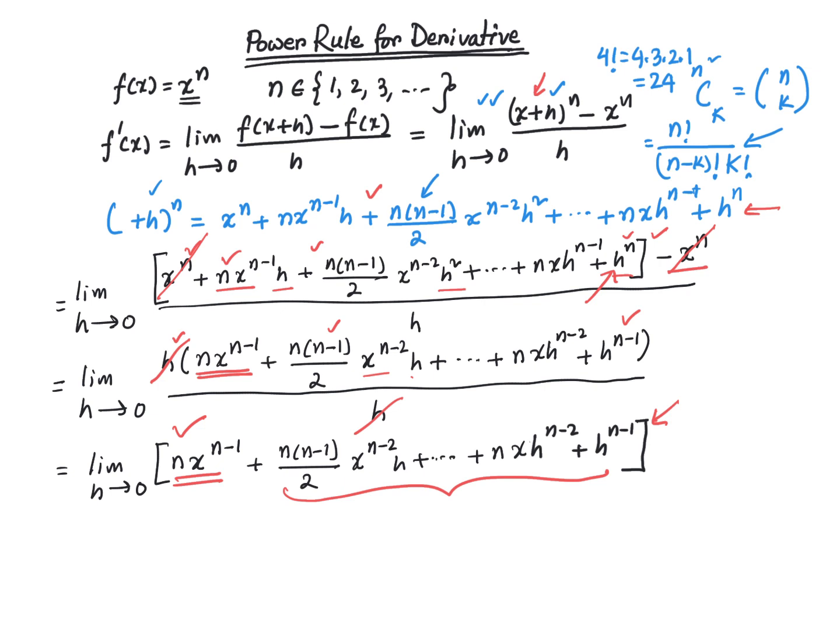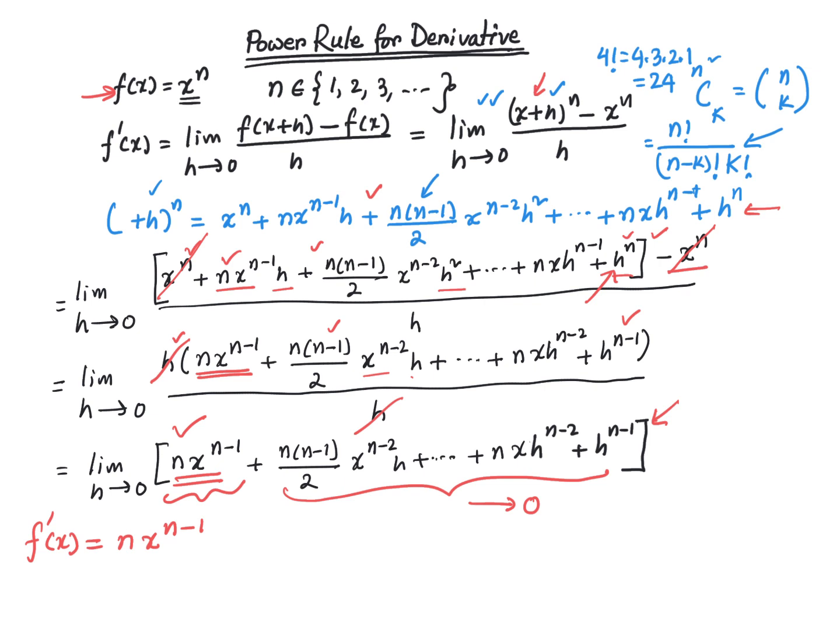So as h approaches 0, all of these terms approach 0, leaving me with nothing but n x^(n-1). So the derivative of f(x) = x^n is n times x^(n-1).